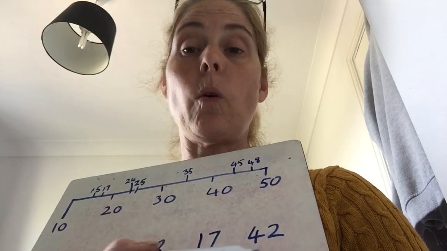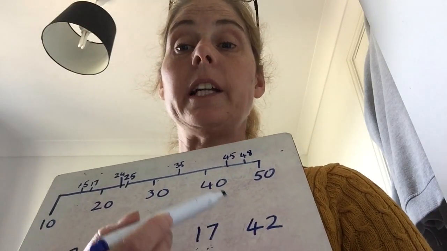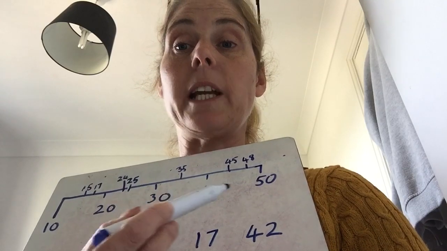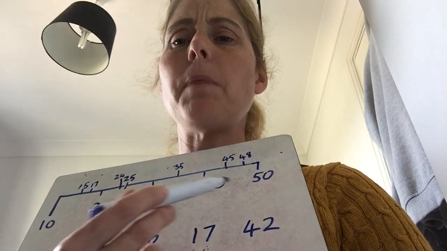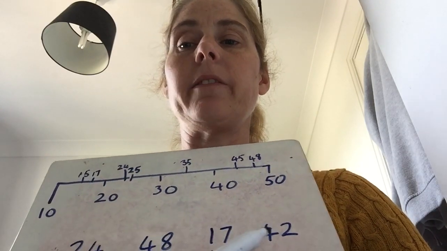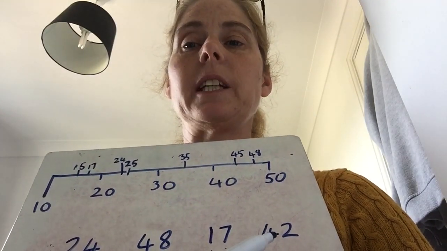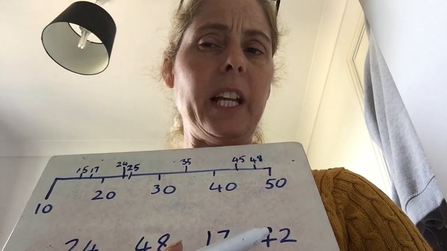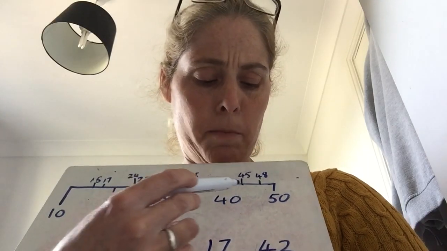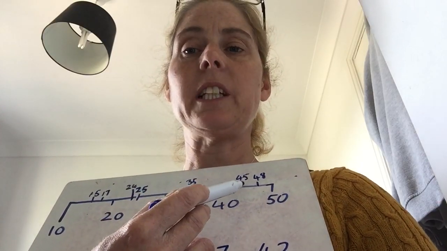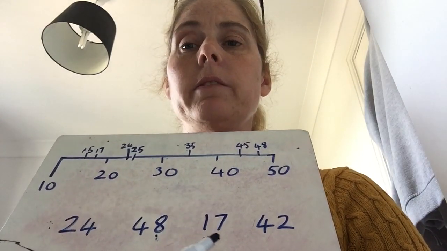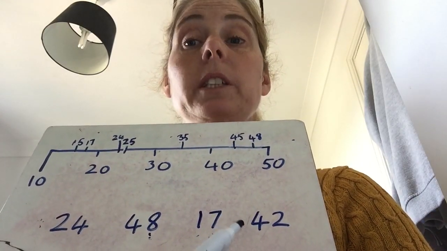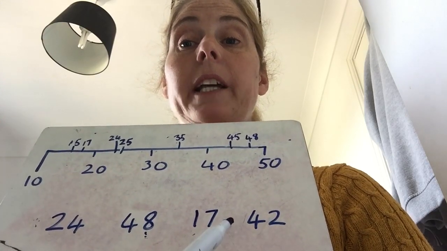Because it is a 40s number, it's going to come after the 40 but before the 50. Okay, but whereabouts between the 40 and the 50? Whereabouts is it going to go? Have a think. Look at your middle number, the 45. Is it going to go after 45 or before 45? How do you know it's going to be in that place?